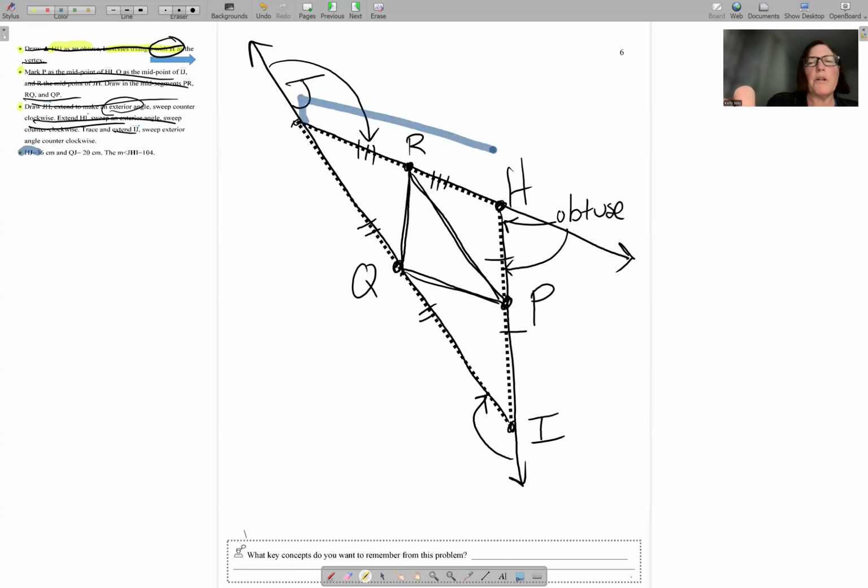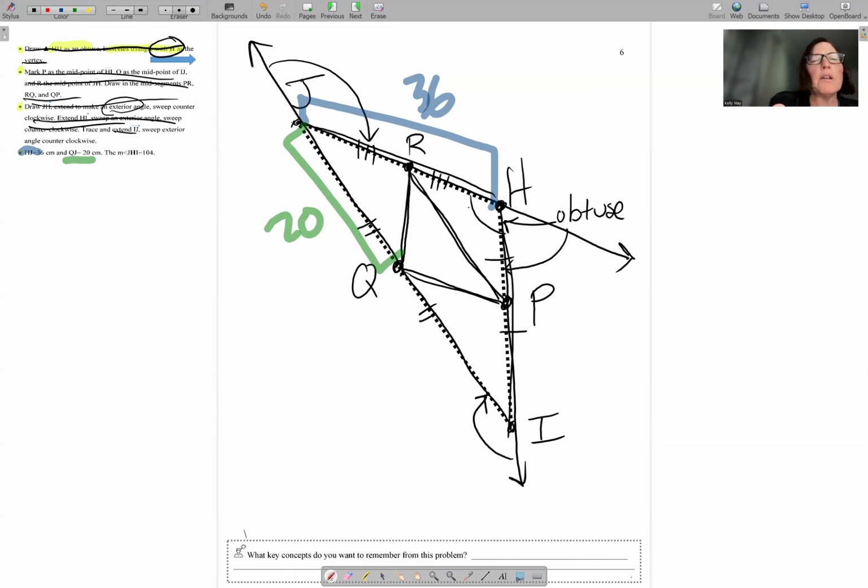So from here to here is 36. QJ is 20. And the measure of JHI, JHI right here, is 104. Find the measure of all possible angles and segment lengths.